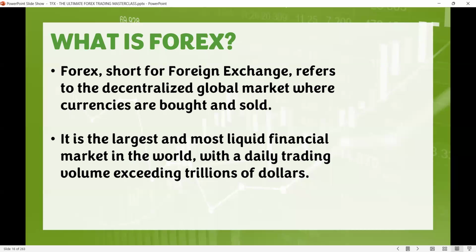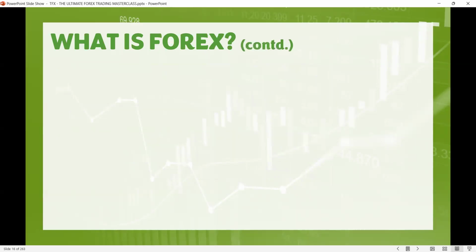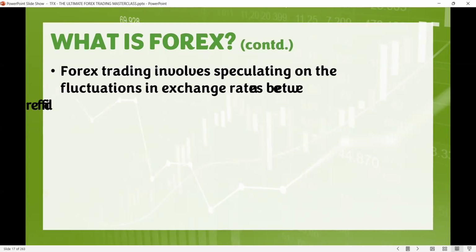And then in continuation, Forex trading involves speculating. So now get this, we speculate on the fluctuations in the exchange rates between different currencies to make our own profit off the market, all right?